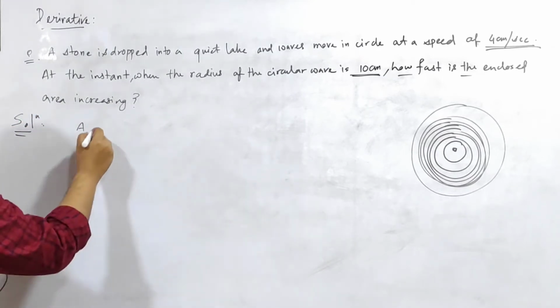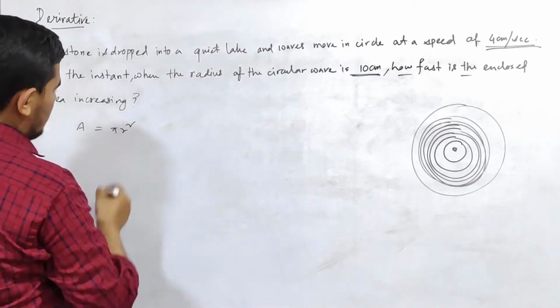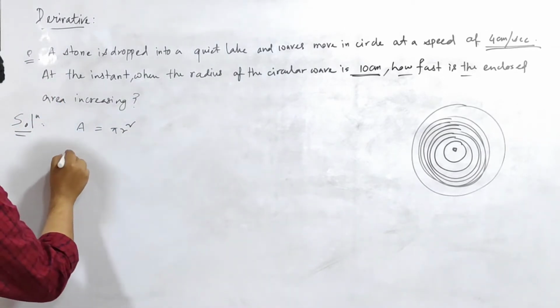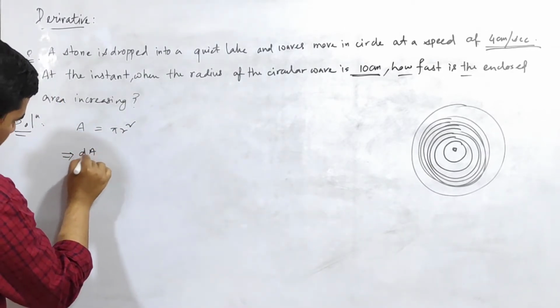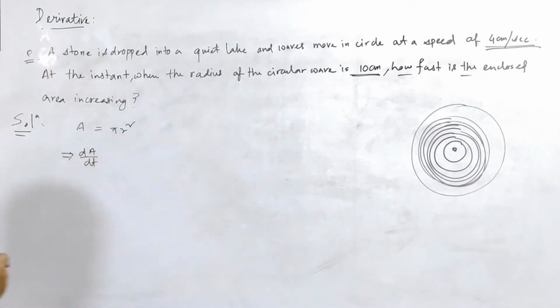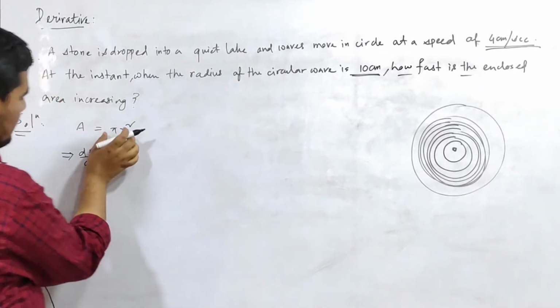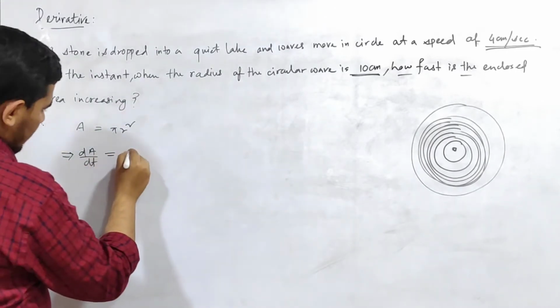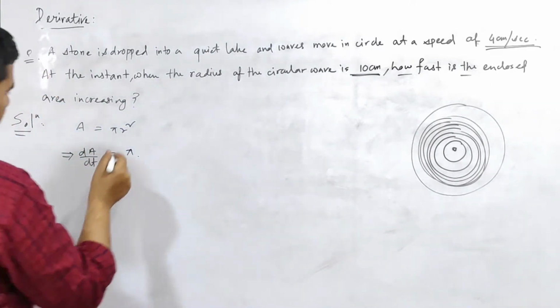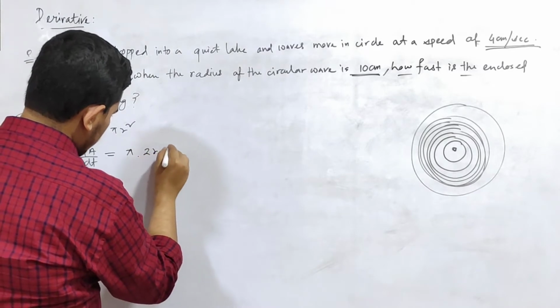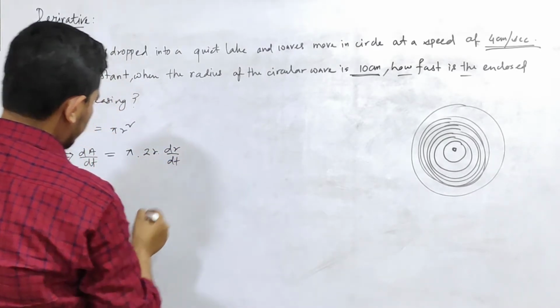From the solution, area equals pi r square. So to determine the rate of change, we have dA by dt equal to, again pi is the constant, so it will come out of the differentiation and we will get 2r dr by dt.